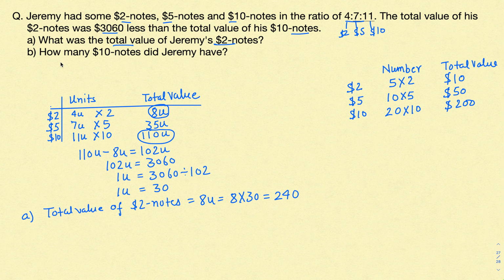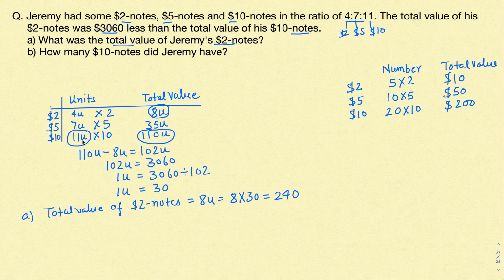Now the next part is, how many $10 notes did Jeremy have? You can see here that Jeremy was having 11 units of $10 notes.